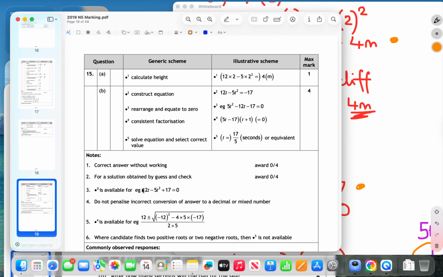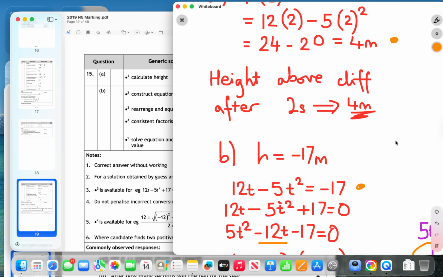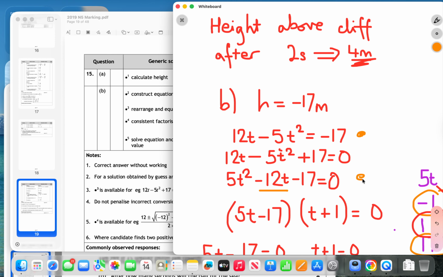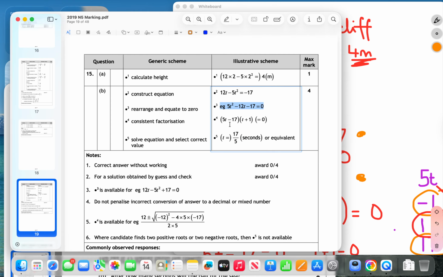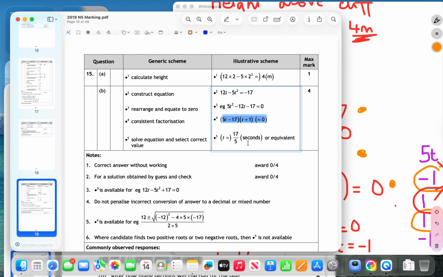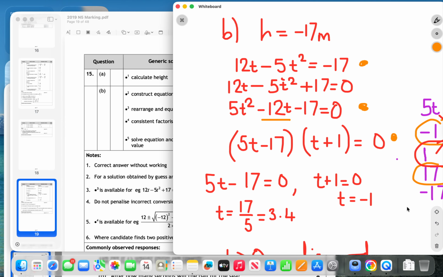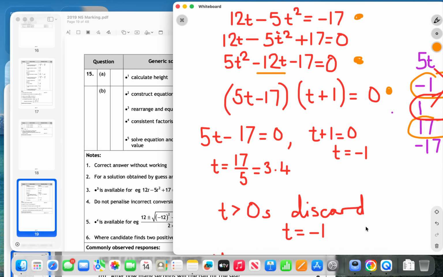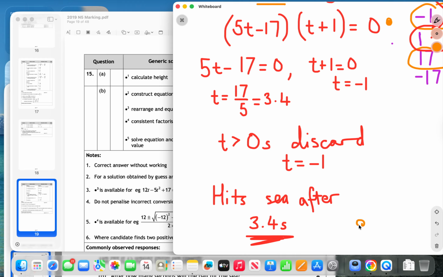Well, the first mark is you either got it or you didn't, and it was for the 4 meters. The first mark in section B, or the second mark of the whole question, was given for this. The third mark, or the second in part B, was for that.